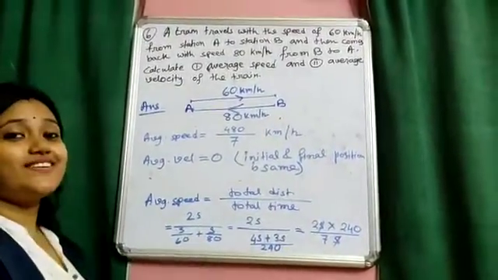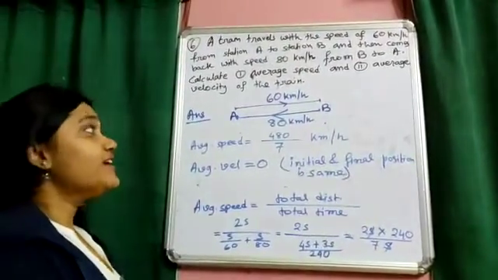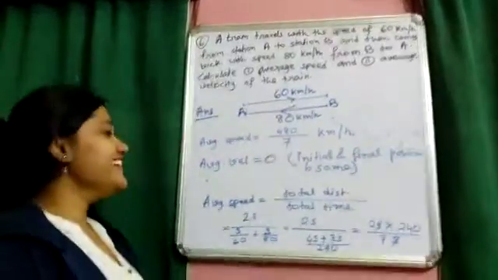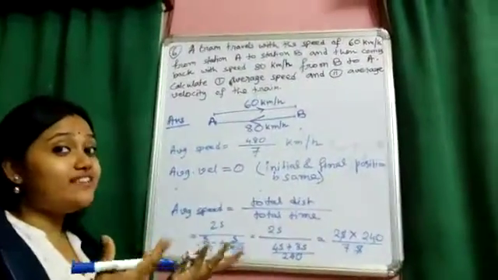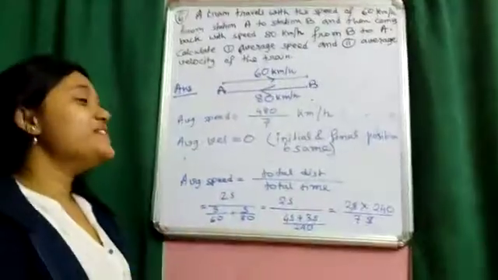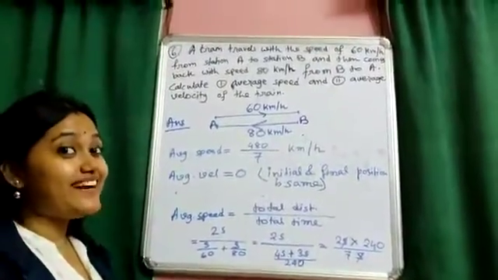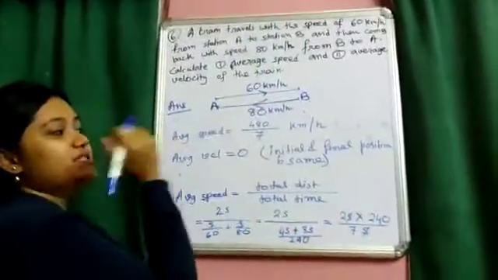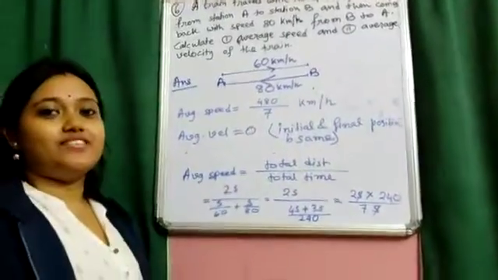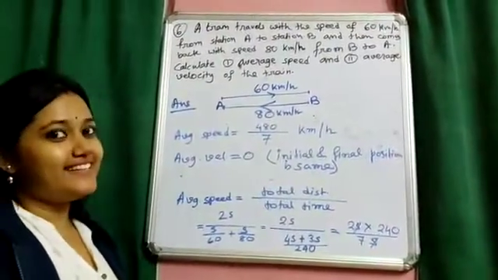Therefore, the velocity is also 0. Isn't it very interesting that distance they have not given, time they have not given, but still we can very easily find out the average speed and the average velocity? Okay. Thank you.